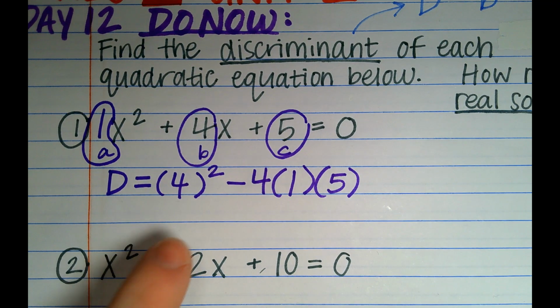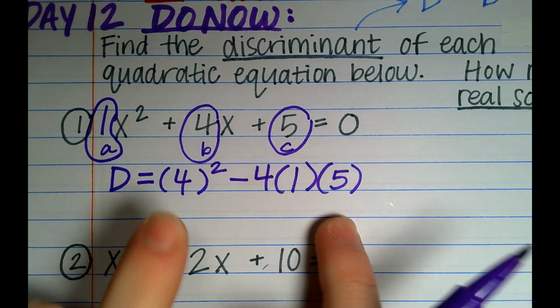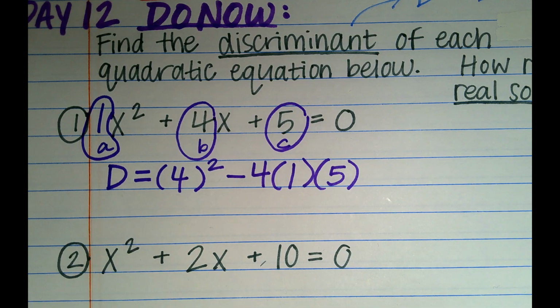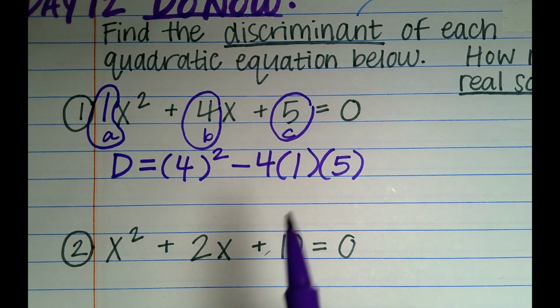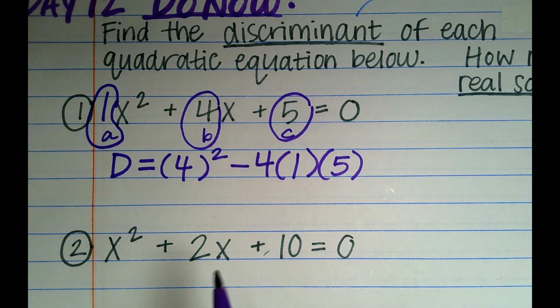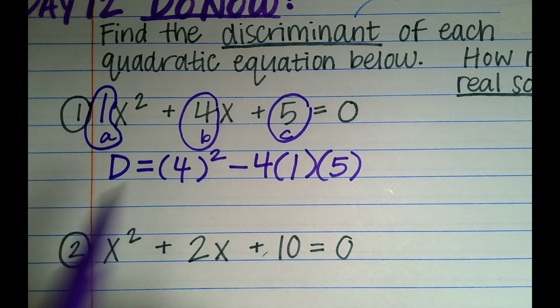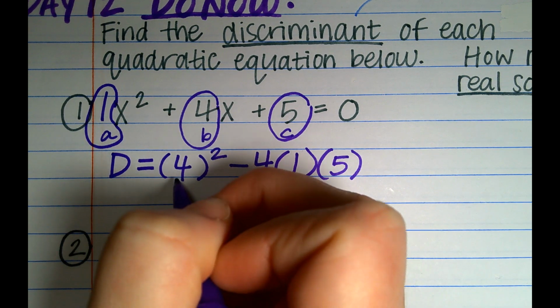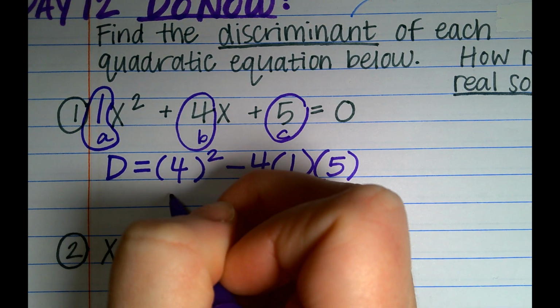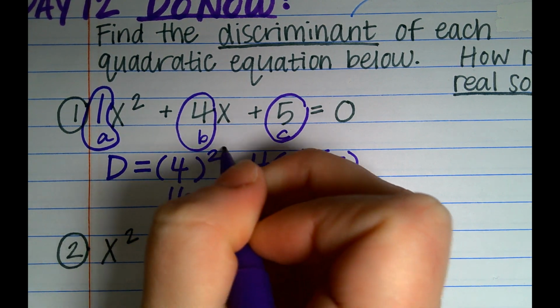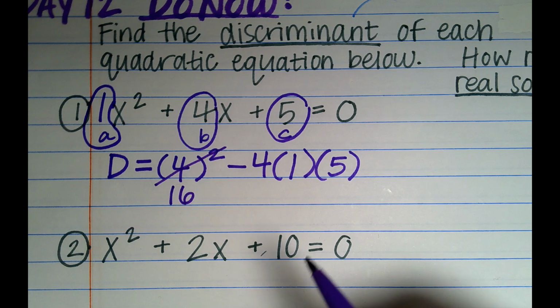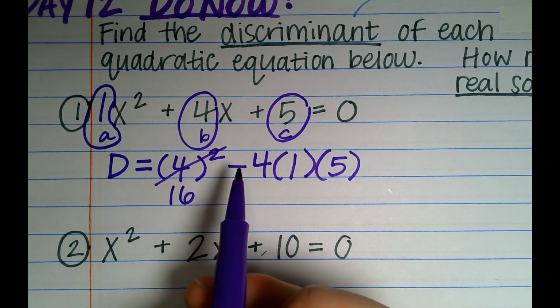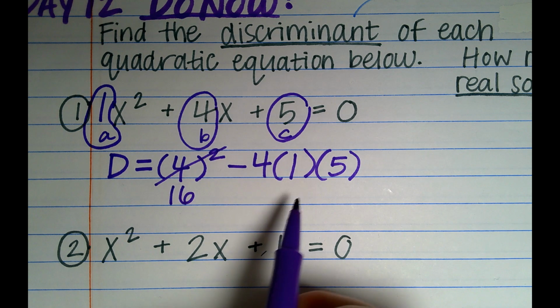So now that I have my A, B, and C plugged into the formula, where do I go from here? We're going to solve it. What should I start with? 4 squared. What is 4 times 4? 16. So I've got my 4 squared, that's 16. And the next part, I've got minus 4 times 1 times 5.